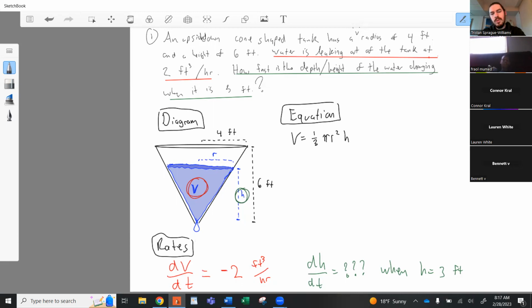Now, I don't really want the radius and the height to both be in this equation. I would rather have an equation that just relates volume and height, because those are really the only variables that I actually care about here. If I can get rid of that radius variable from my equation, that would be better, right?